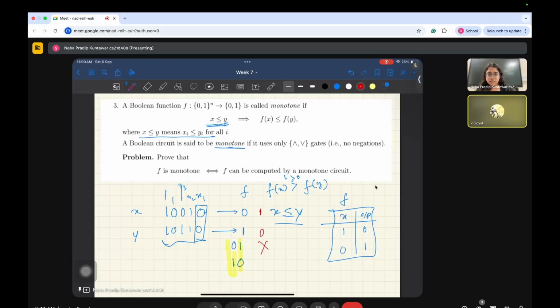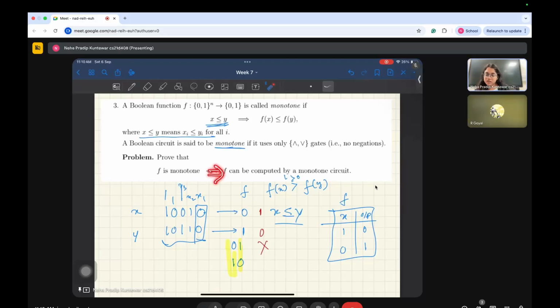So if x is a 0, then f of x has to remain a 0 if x is less than or equal to y, and if y is a 1, then f of y could be a 0 or a 1 as well. This can be done by a monotone circuit, just using ANDs and ORs without using any NOT.